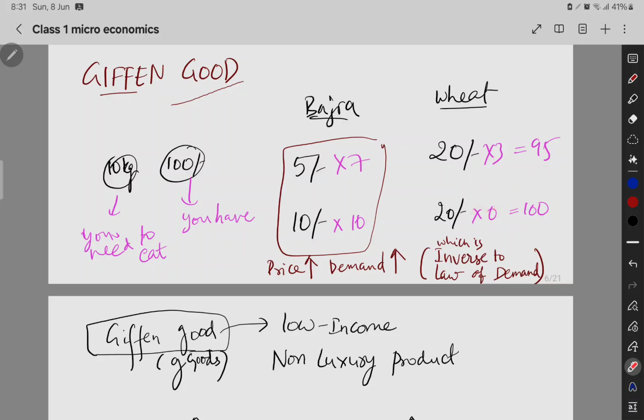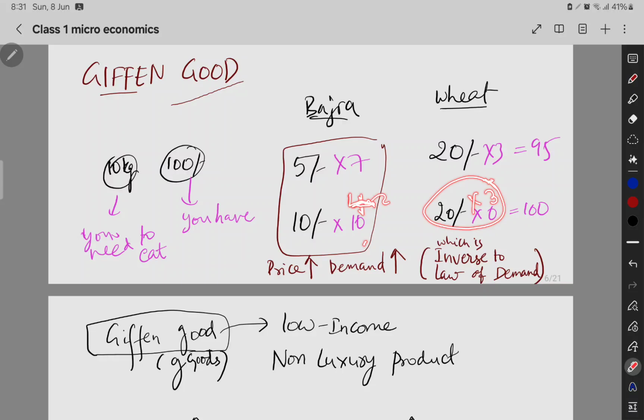But I need to have enough nutrients, and here I am only able to eat 5 kgs. Even if I make it 3 kgs, it is already 60 here, so I am left with 40 rupees, and if I divide it here, it is going to become 7. Still I am in malnutrition. My nutrition is not sufficient.